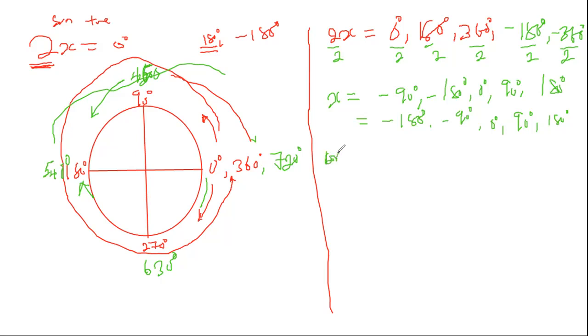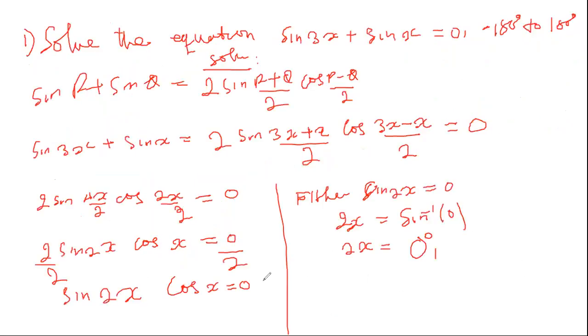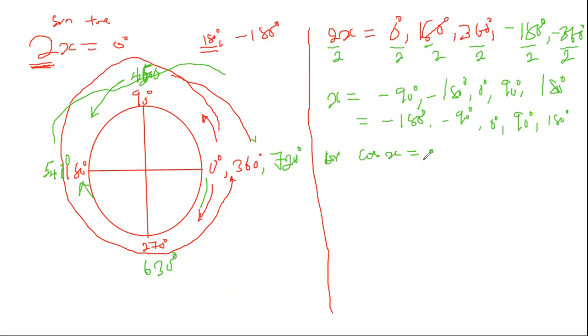So after that, we go to the other part where we have cos x equaling to 0. So remember it was here. So cos x equaling to 0. So x would be cos inverse of 0. And what is the cos inverse of 0? Which is 90 degrees.